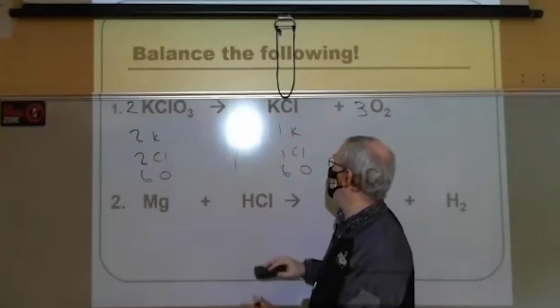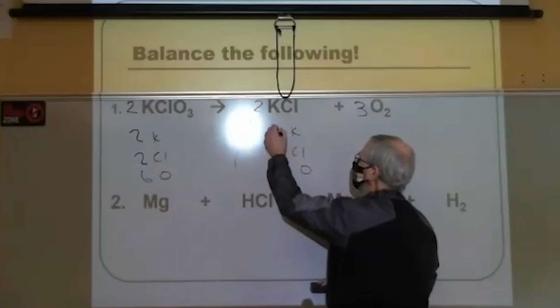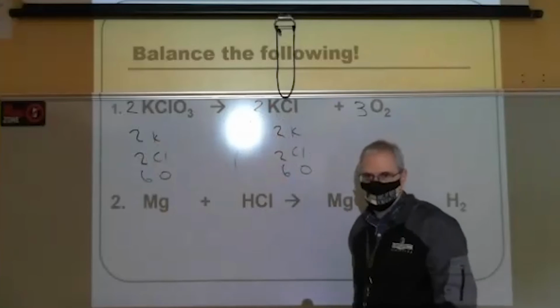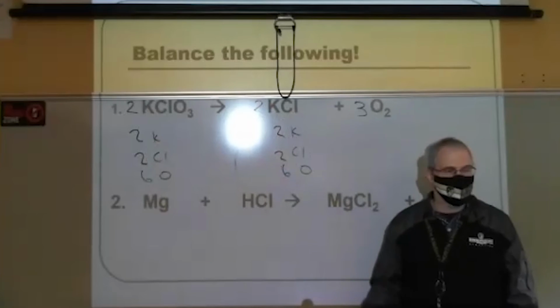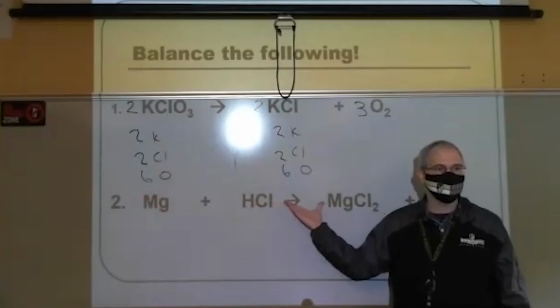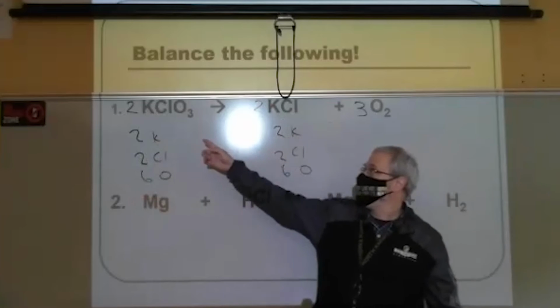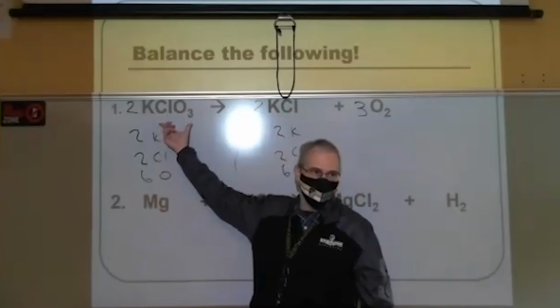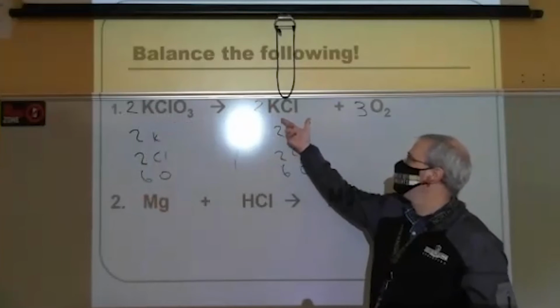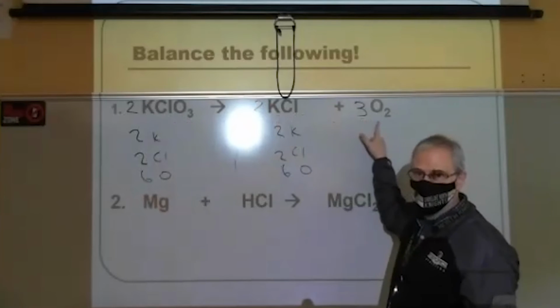I only have 1 on each side, but if I double this one, now the number of each atom on both sides is the same. So this is our balanced equation. I'm going to need 2 of the KClO3 formulas. They will react with each other to form 2 of the KCl's and 3 oxygen molecules.